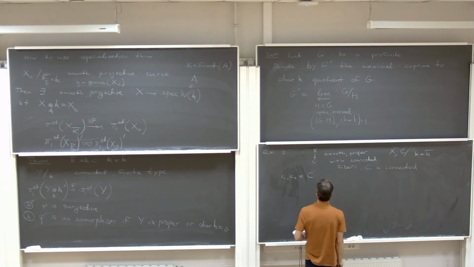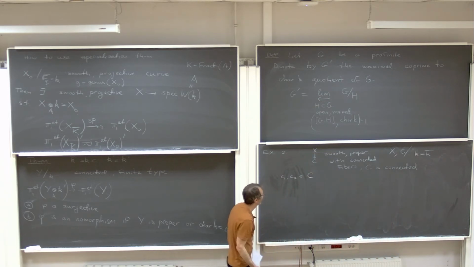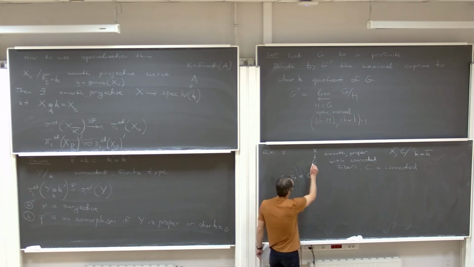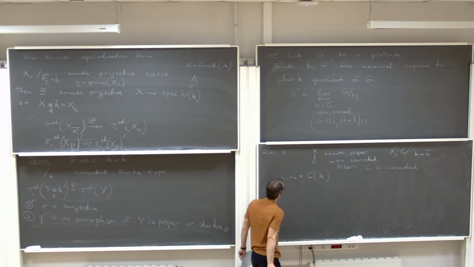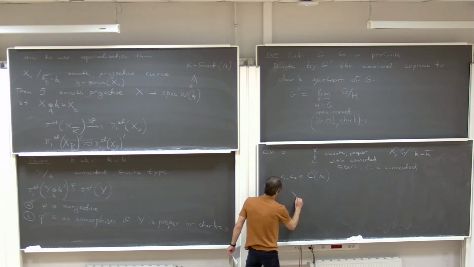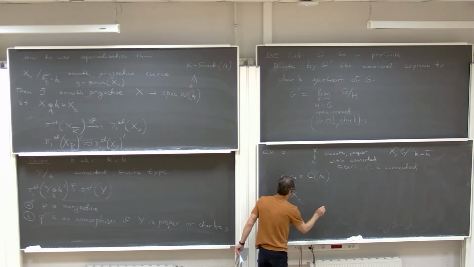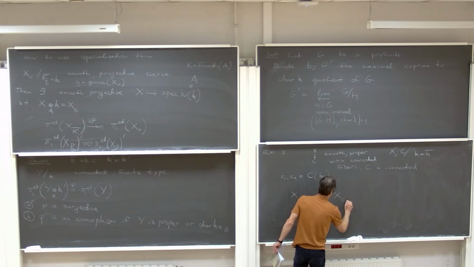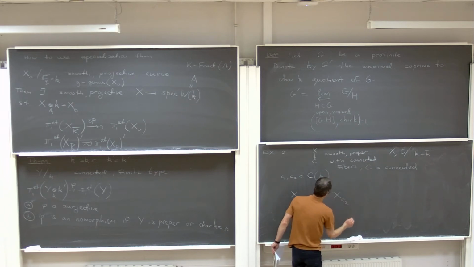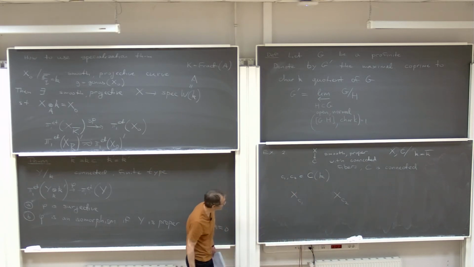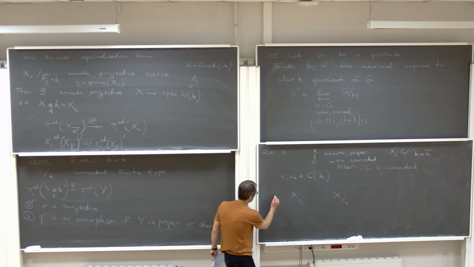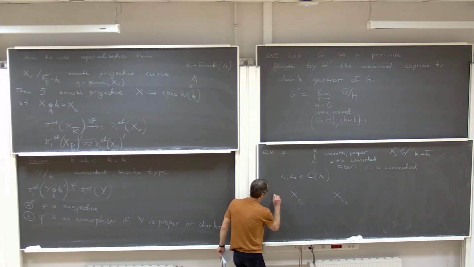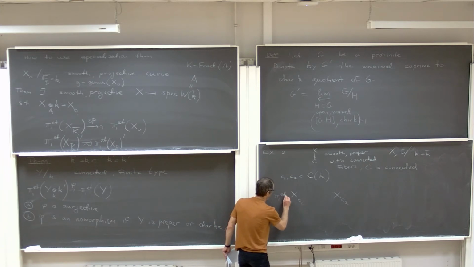So I could say X is connected. Okay, so for points c1, c2 in C, I can consider fibers. These are smooth varieties over K bar, and I'm asked what is the relation between the fundamental groups.